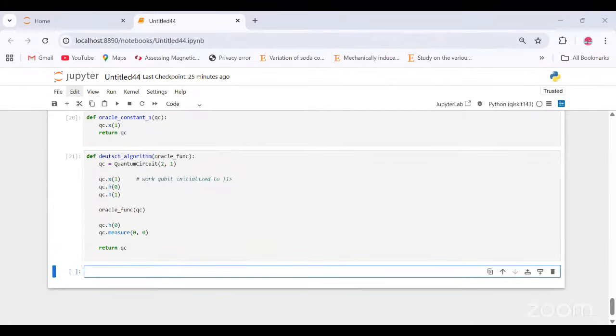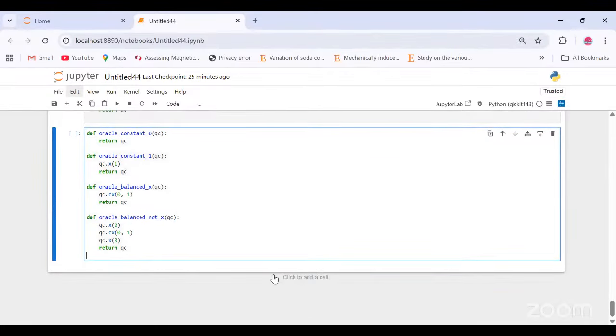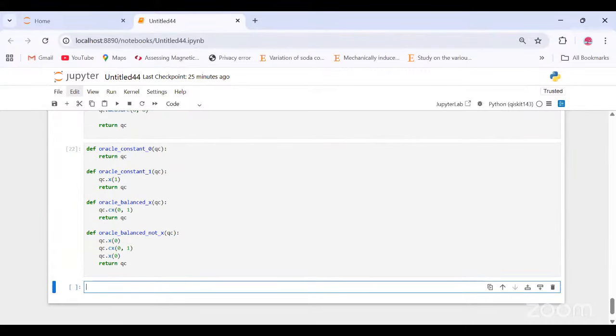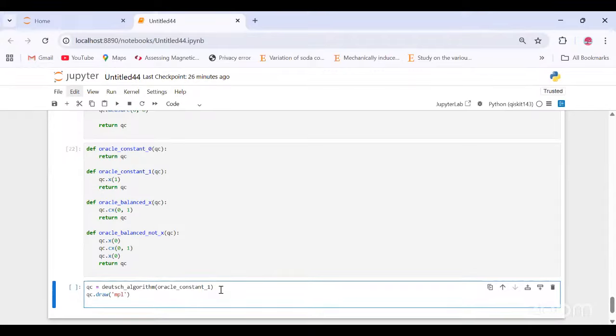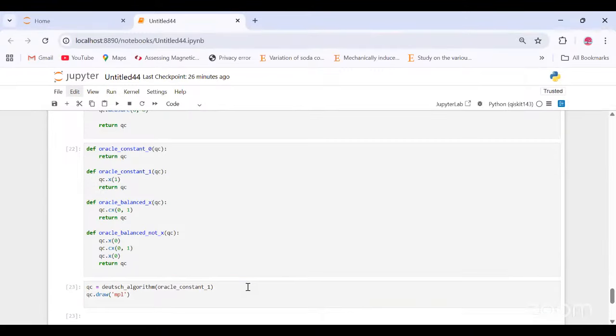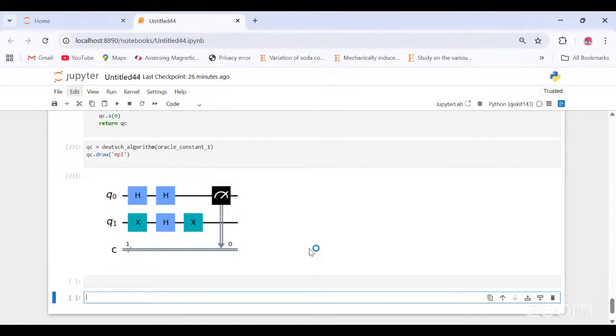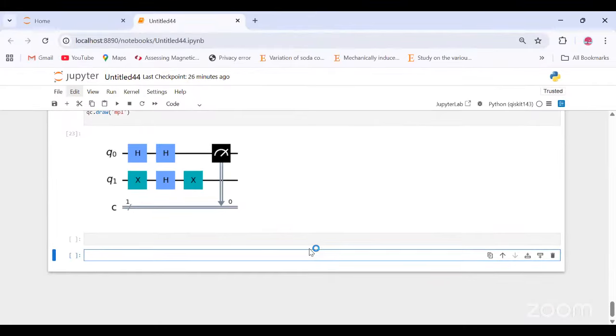Let us define this oracle right here. So that is defined by another oracle.